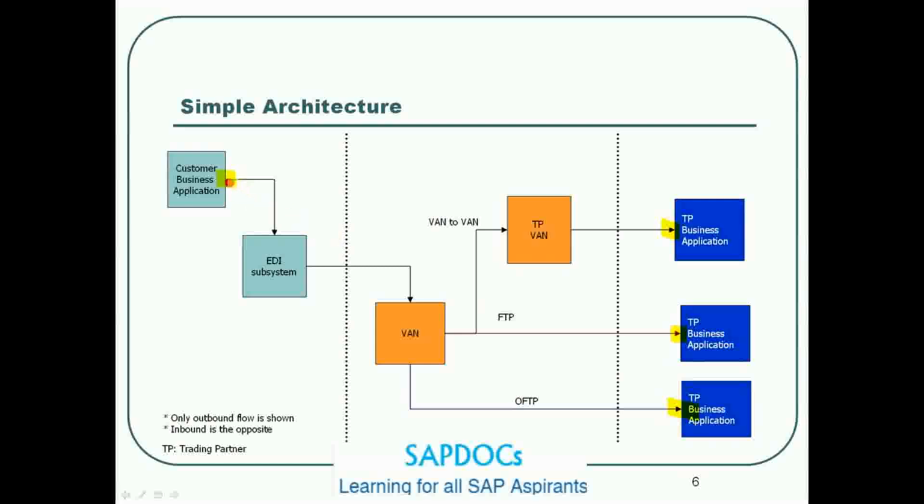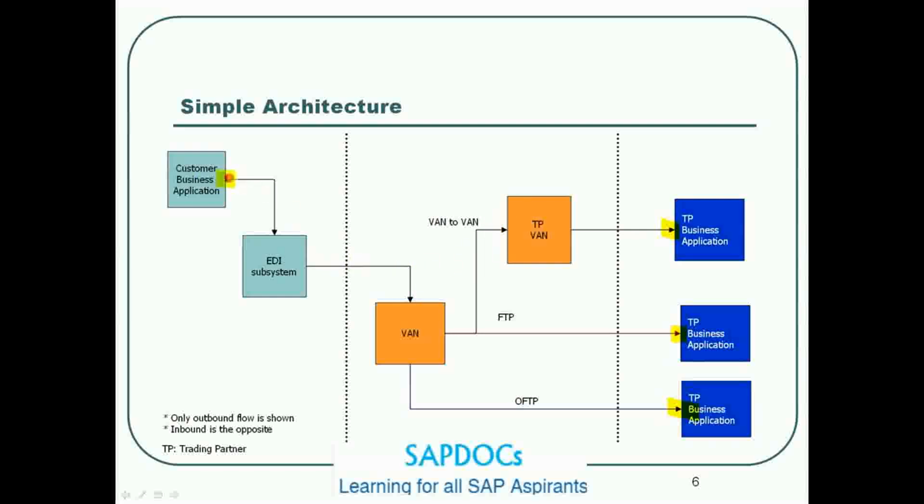In this process, from your end to the trading partner's end, multiple systems are involved, and this is a very simple EDI architecture. You have your EDI subsystem, you have your EDI VAN, the trading partner has its VAN, and of course there would also be a translator for the trading partner to translate the messages. I'll get into where the translation comes in.